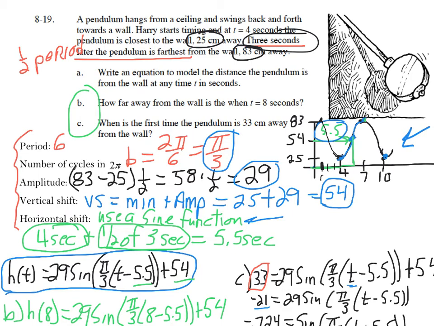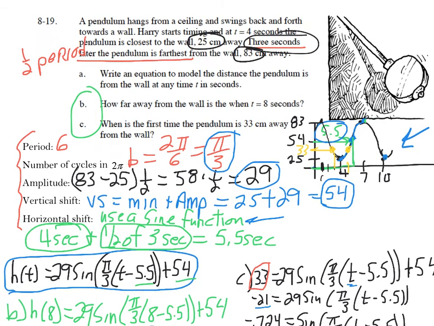So when is the actual time that the pendulum is at 33? Well, let's just say arbitrarily 33 is right there. Fairly close. Here's our first time that we're at 33. Here is the second time that we'd be at 33.